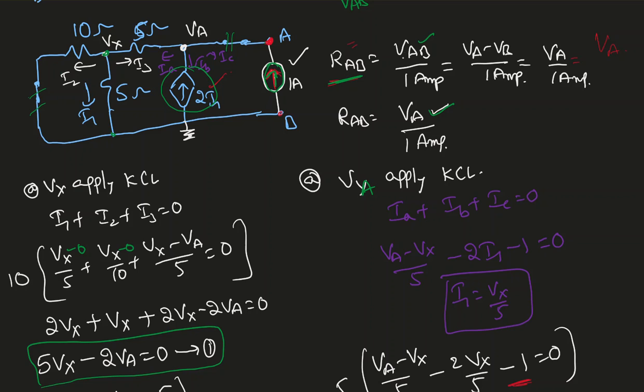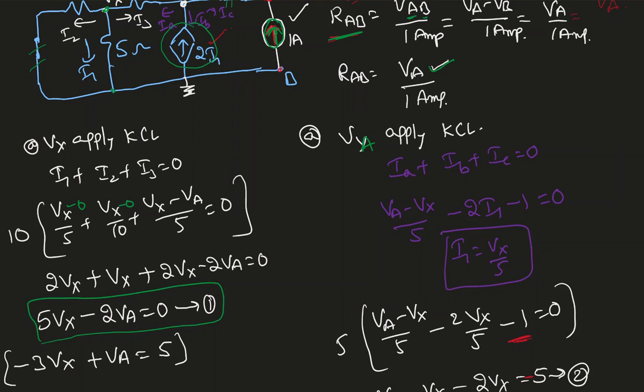So I want to find VAB, the voltage between the AB terminals, not the BA terminals. Since I'm saying VAB, the voltage at point A is higher than the voltage at point B. Since the voltage at point A is higher than B, I have to take the current going up instead of going down.